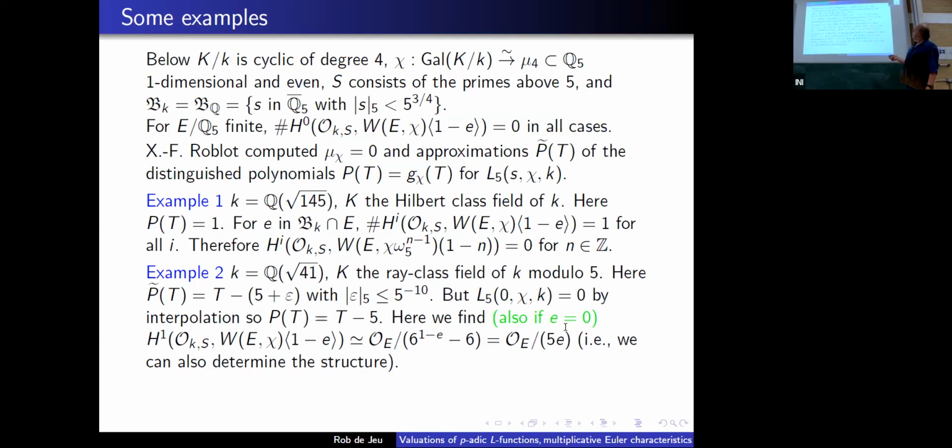What he actually calculates is the approximation of the distinguished polynomial that gives you the p-adic function. Simple example: this quadratic field, and then the Hilbert class field, A is to be 4, sigma to be 4 over this thing. And he finds in this case the distinguished polynomial is trivial. So your p-adic function could be a power of p, 5, but this is 0 in this case.